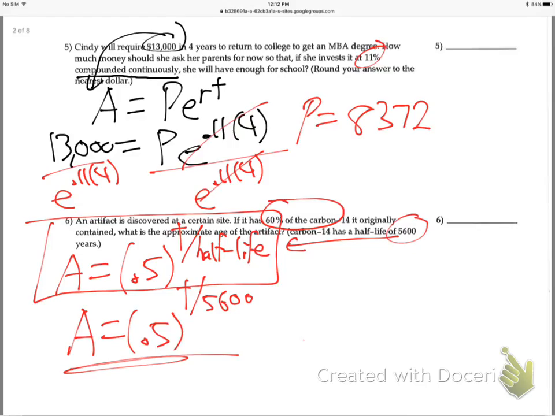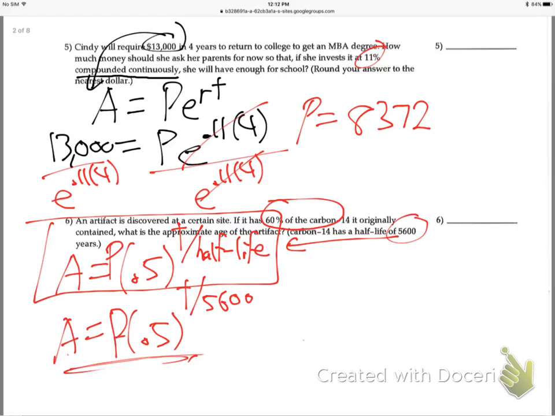And that's the A. The A is 0.6, isn't it? Oh, I forgot the P, didn't I? Sorry, guys, I'm being a little too short. There's really a P in front of that 0.5. So the A is 0.6P, isn't it? In fact, let me just bring it over here.